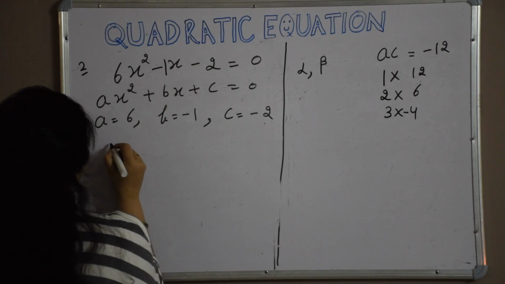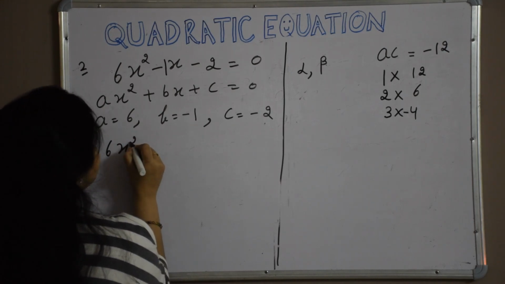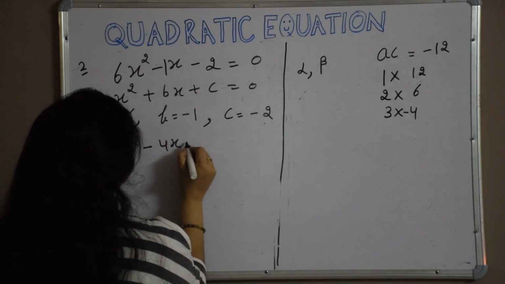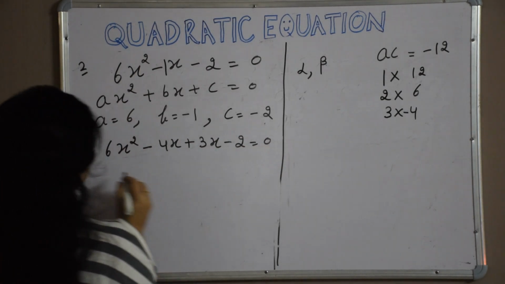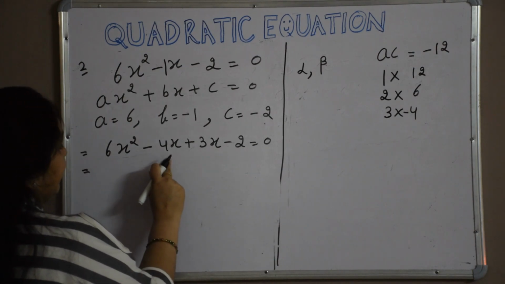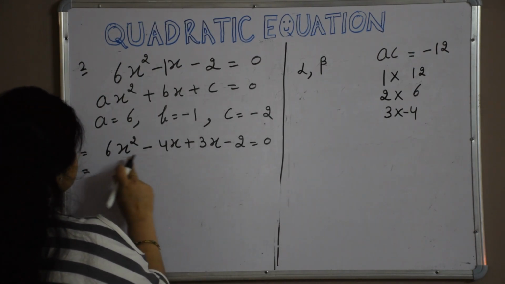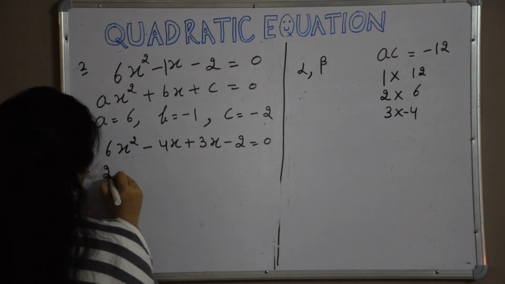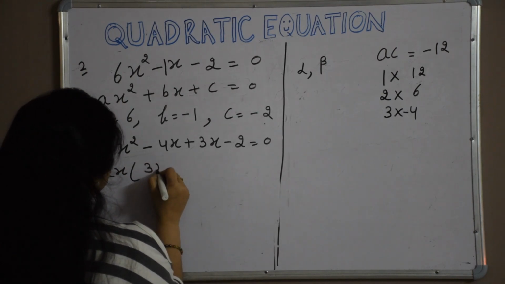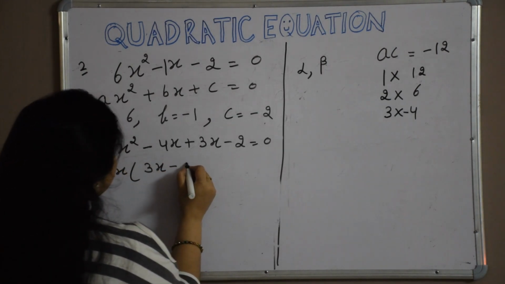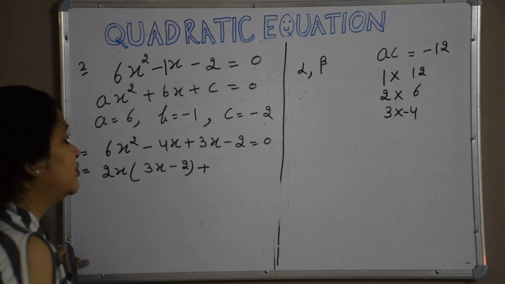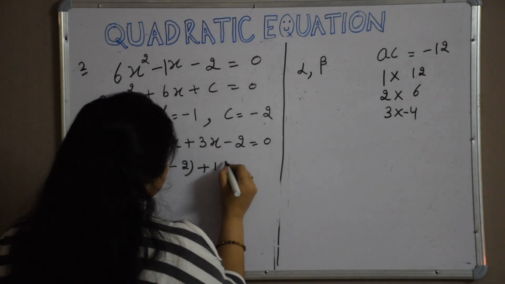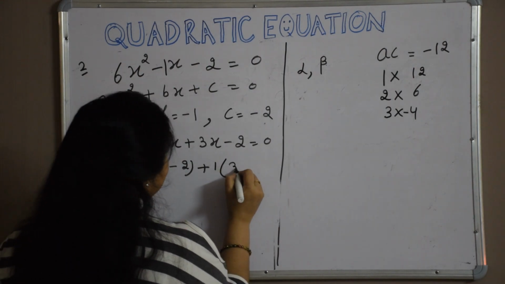So 6x square minus 4x plus 3x minus 2 equals 0. Now we have to take common. So from 6x square and 4x, what is common? 2x. 2x into 3x minus 2, plus 3x minus 2, what is common? Nothing is common, so we will take only 1.